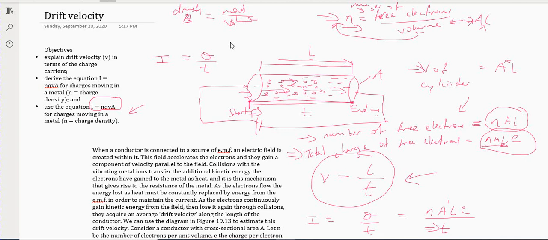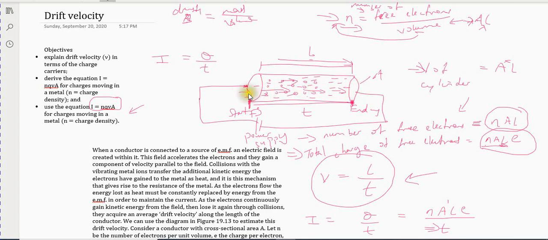Now guys, whenever we apply a power source to the piece of conductor, we expect that electrons are going to flow from this end of the conductor to this end. And with that being said, we expect that the charge that is flowing is going to move from this end of the conductor to the next end.